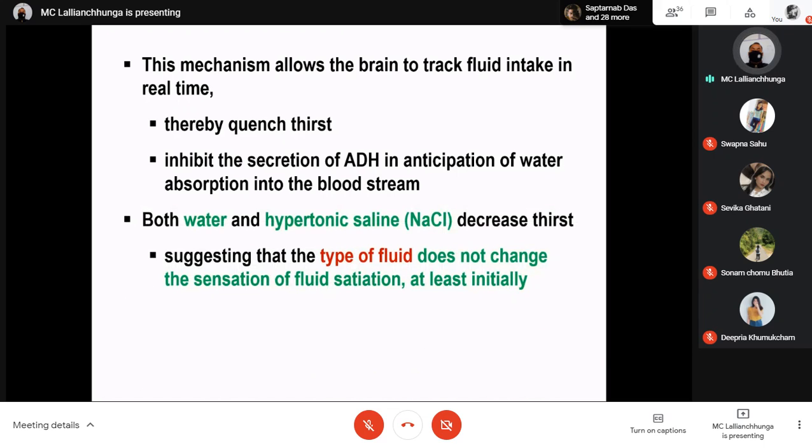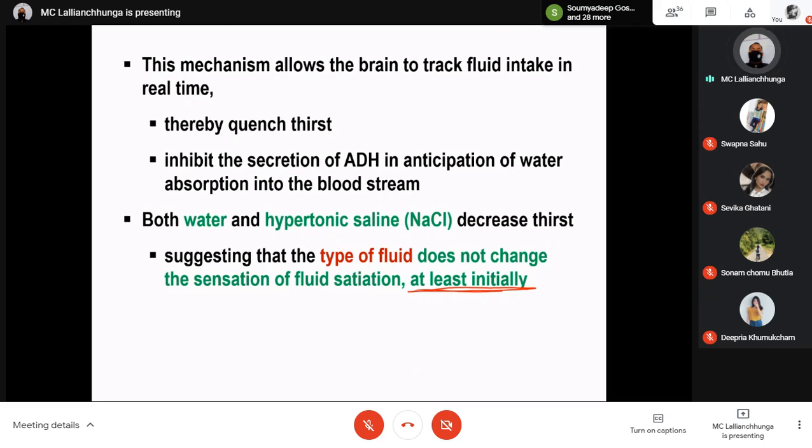Both water and hypertonic saline decrease thirst, suggesting that the type of fluid does not change the sensation of fluid satiation, at least initially. So as I told you, it is not detecting the type of fluid, whether it is pure water, mineral water, or hypertonic saline solution.